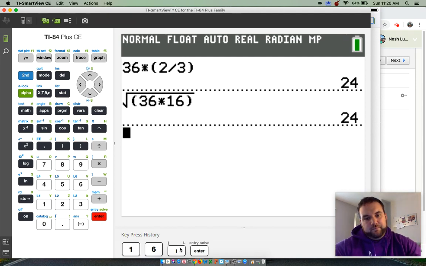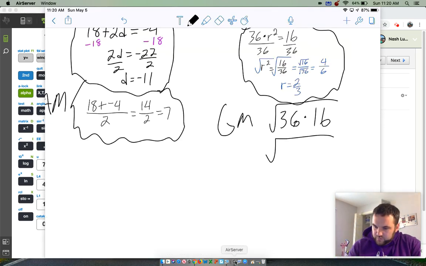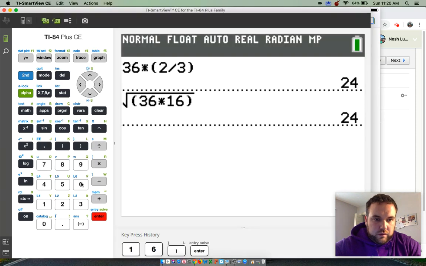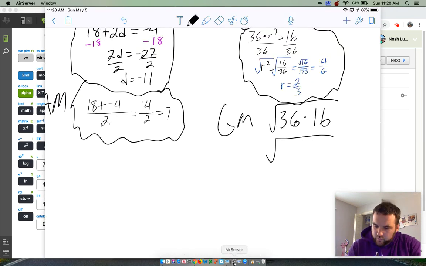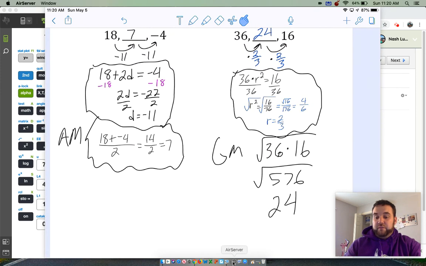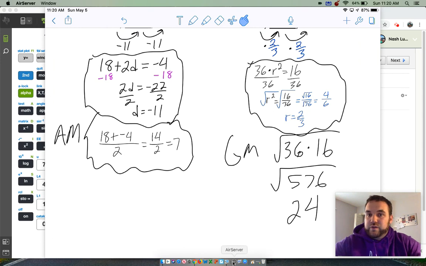And we also get 24, which we should have expected because we already knew the answer. So this is the square root of 36 times 16. It's 576, yeah. So the square root of 576 gives us the missing term of 24. Now, technically with geometric, there are 2 possible answers since we are square rooting.